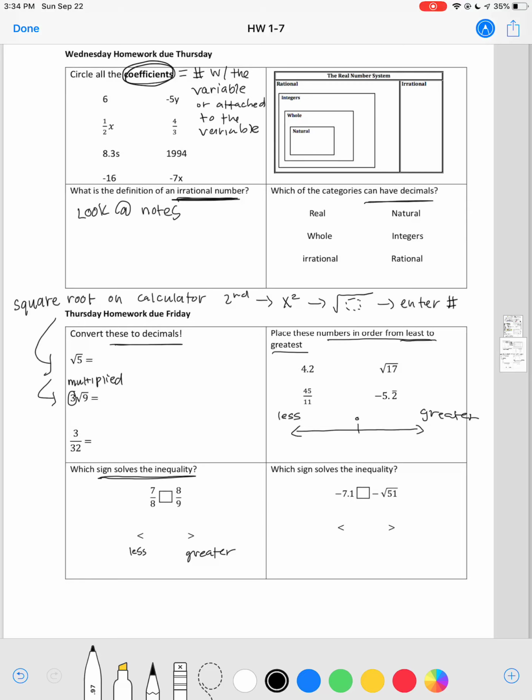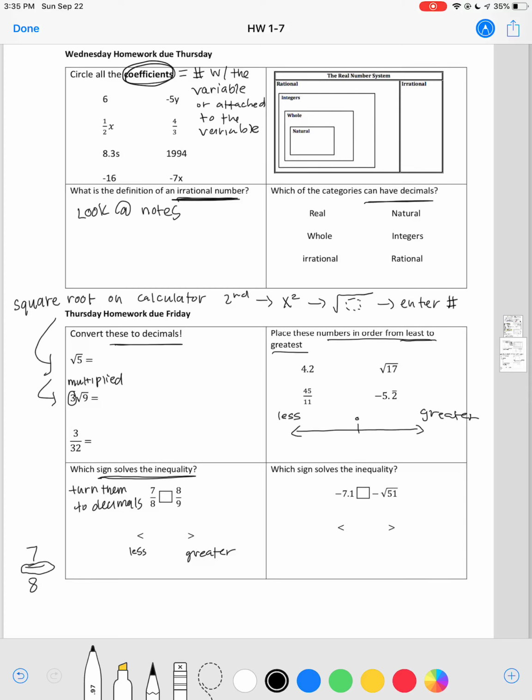What I would recommend is turning these into decimals, so 7 divided by 8.